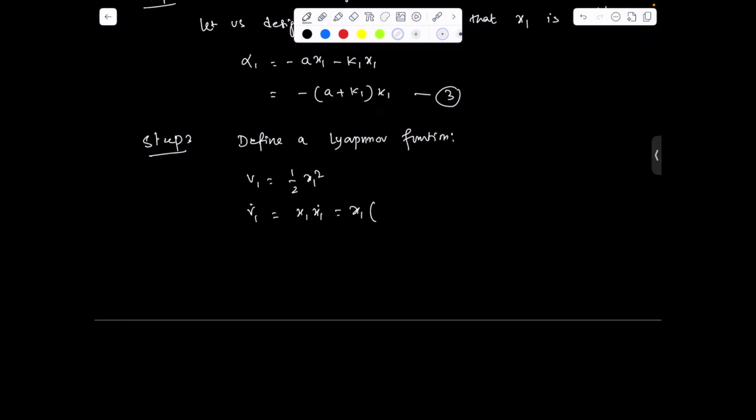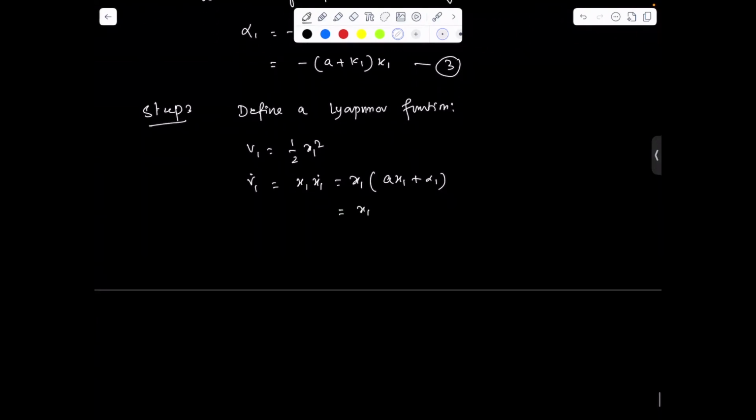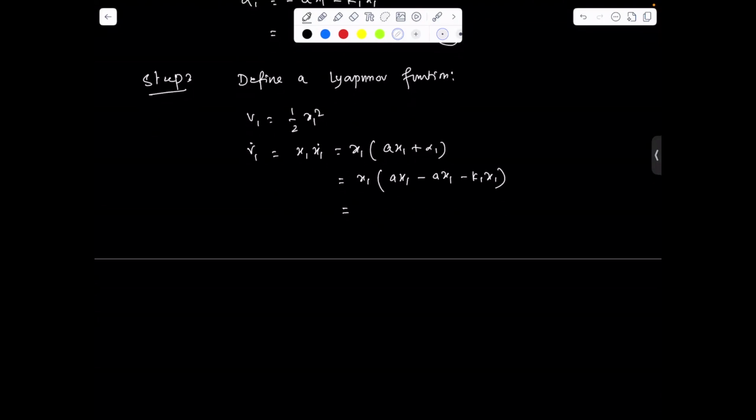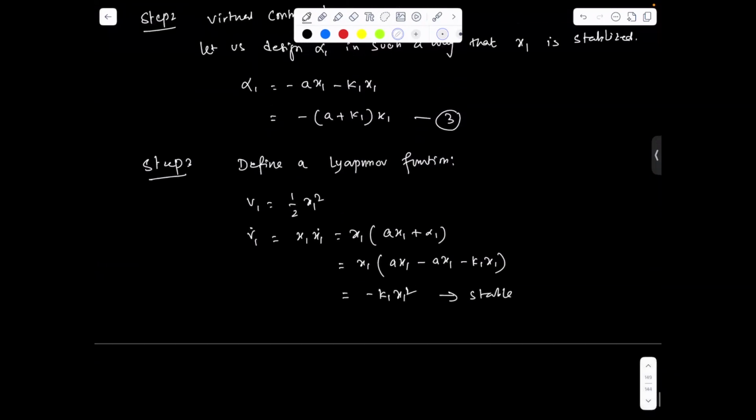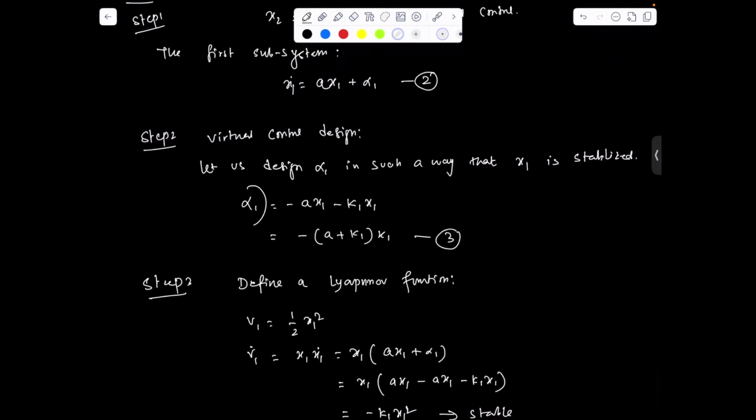In place of x1 dot we can write a x1 plus alpha 1, and in place of alpha 1 we can write minus a x1 minus k1 x1, so we get minus k1 x1 squared. If you notice, V dot is negative definite, so the stability can be checked with this expression.